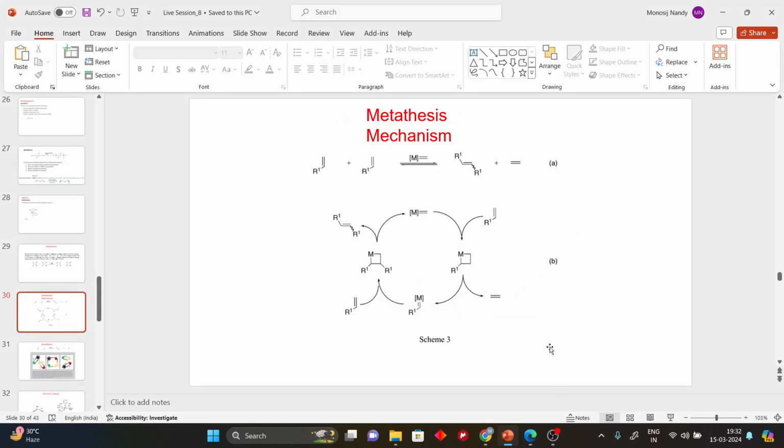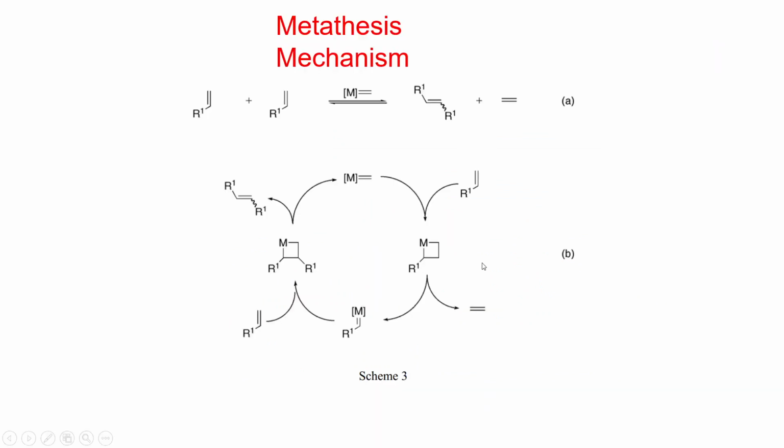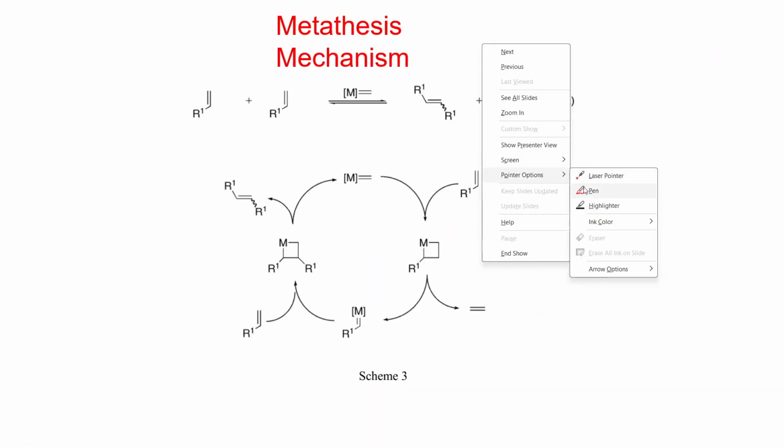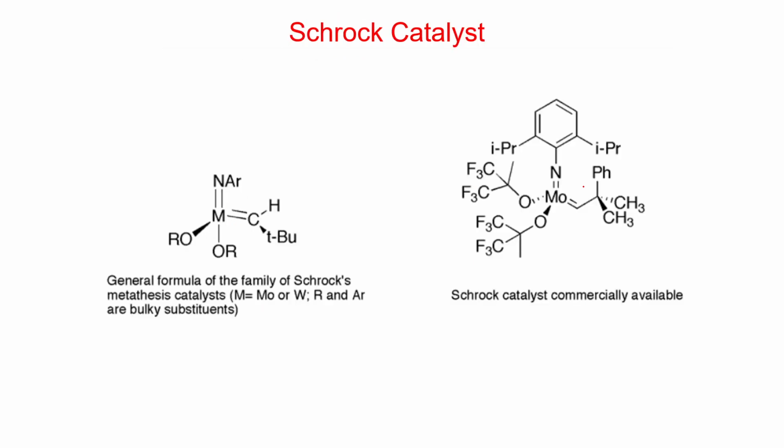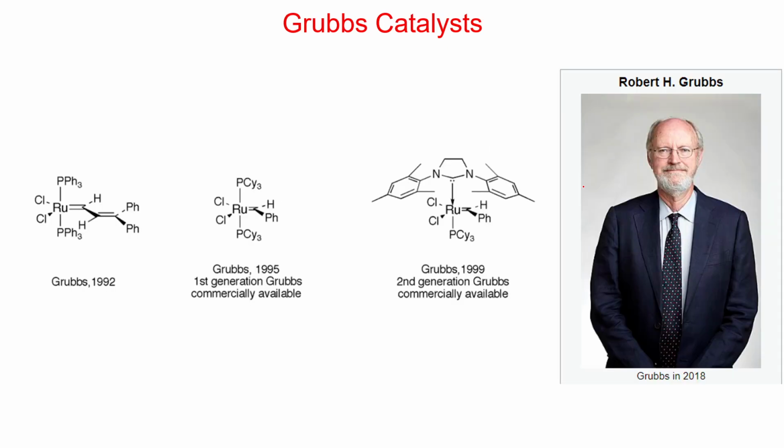Okay, now coming back to the discussion. In that way, we are doing this differentiation. We have seen for carbon and carbon, these are the Grubbs catalysts.